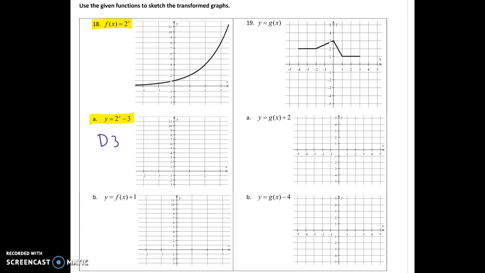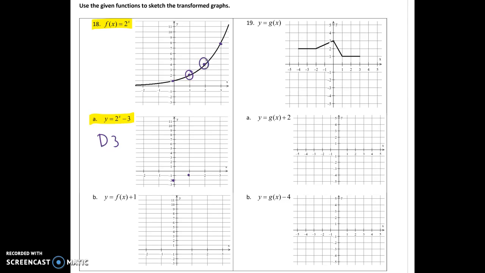So what I'm going to do is just take some points here that I can clearly tell. There's about 4 of them. And take those 4 points and move them down 3. So 1, 1 is going to go down 3 and end up right here. 1, 2, this point right here is going to go down 3 and end up at 1, negative 1.